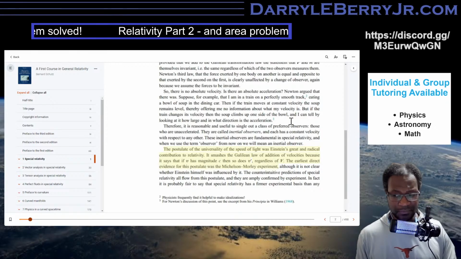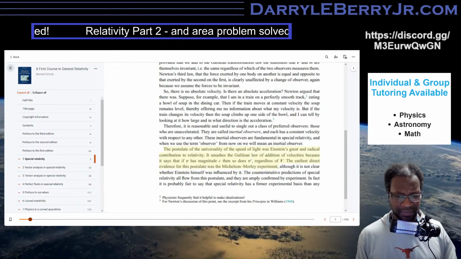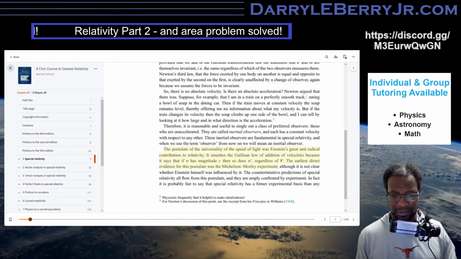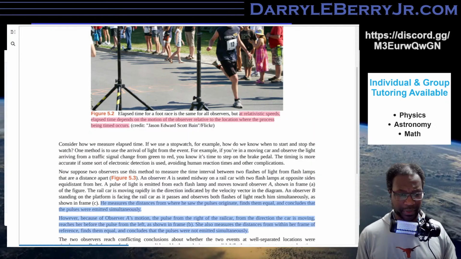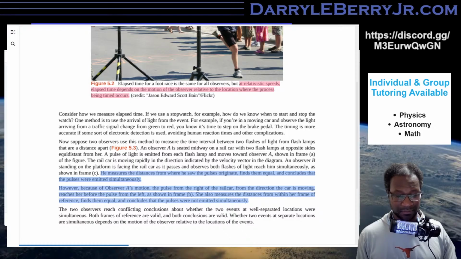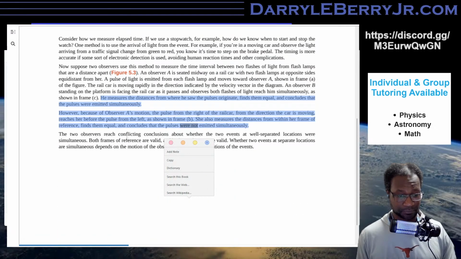So we can see how this is brought up several times. I remember it was brought up in the University Physics Volume 3 book, I believe in name in one of the previous paragraphs, but definitely is brought up now as far as the simultaneity of light.